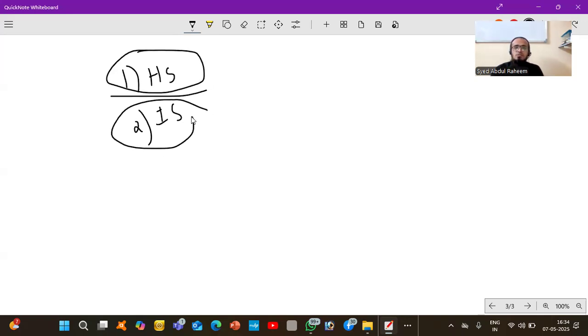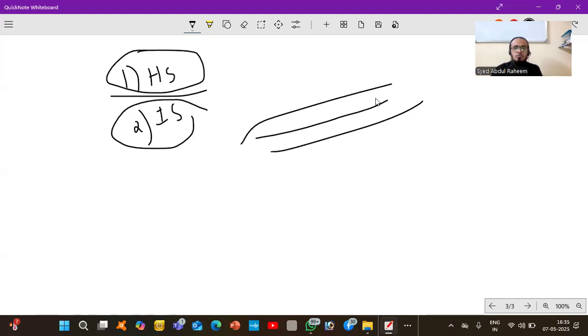In ischemic stroke, what happened? We have arteries, and blood has to flow and reach the part of the brain. Any clot is deposited here.